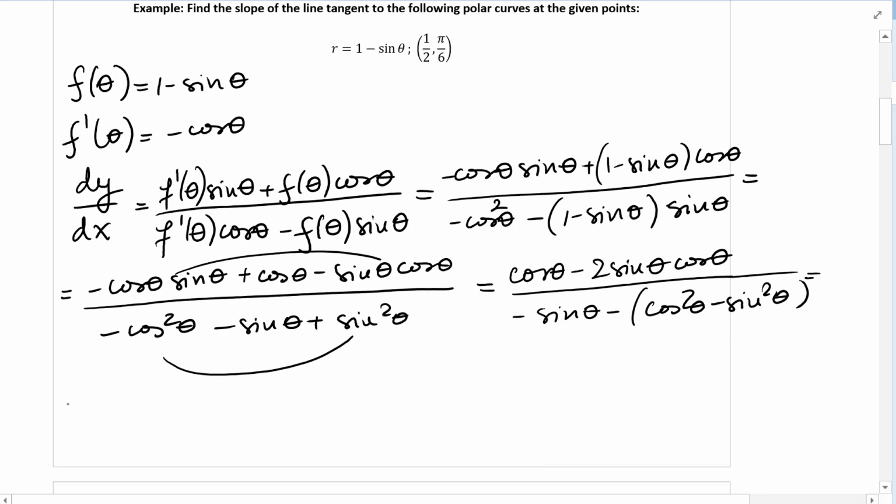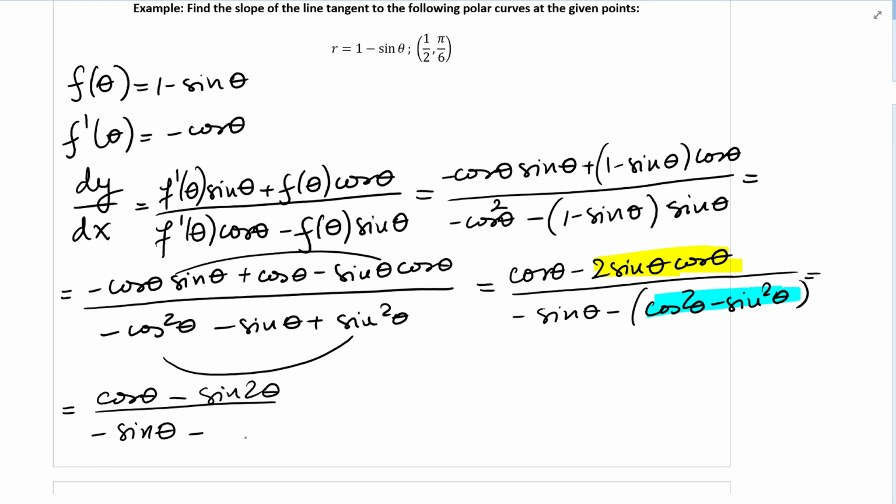So we get cosine theta minus, this is a trigonometric formula, it is equal to sine of 2 theta, and the denominator is negative sine theta minus, and this is another trigonometric formula, that's cosine of 2 theta.